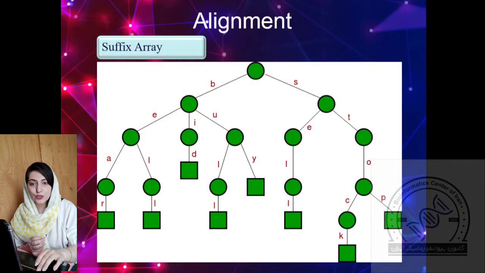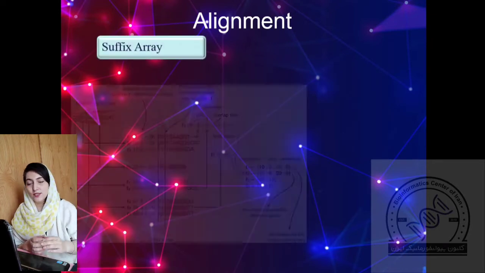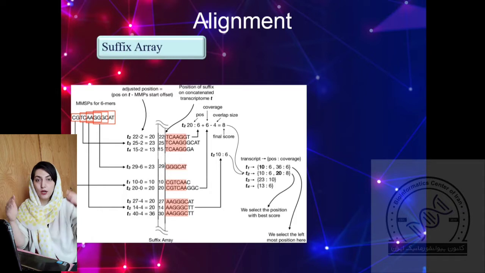It also works for genome alignment and genome assembly, because we have to assemble the short reads to know which reads participate in one gene, or let's say in one special part of the genome.